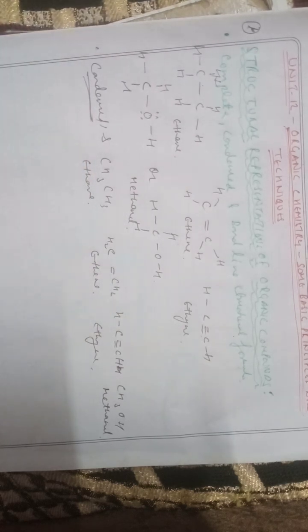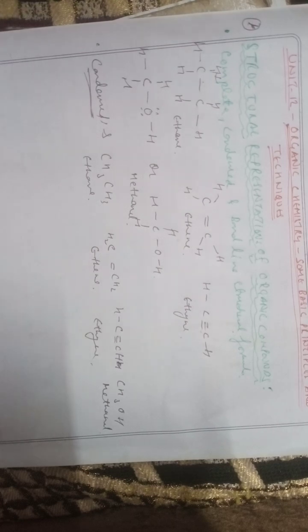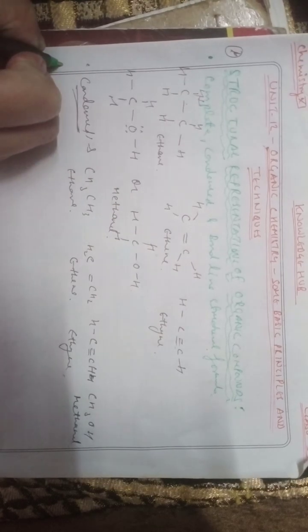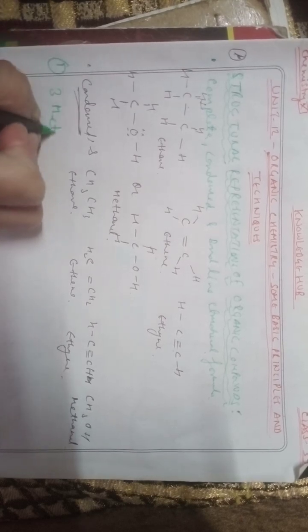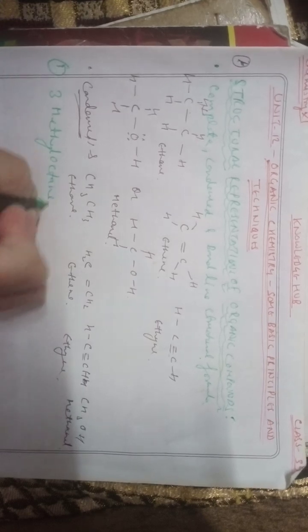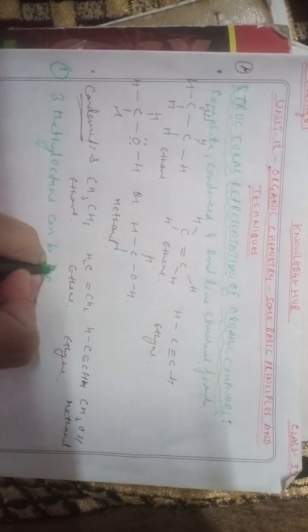For the methyl octane, that is 3-methyl octane, it can be represented in various forms. We'll go one by one.